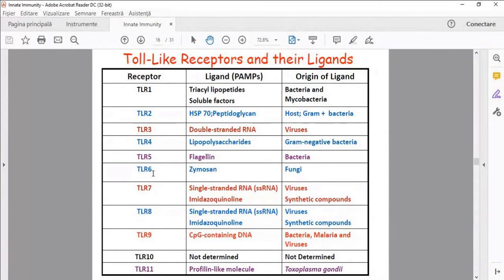Toll-like receptor 6 is able to recognize zymosan, a molecule expressed in fungi. Also, toll-like receptor 9, it's better to keep in mind because this is specific. It can recognize these molecules characteristic of bacteria, but also of some viruses and malaria agents.